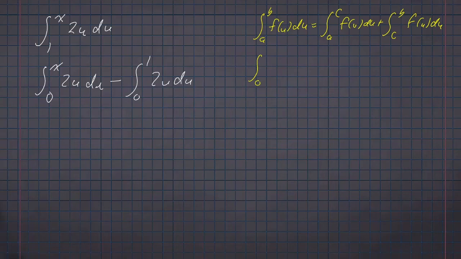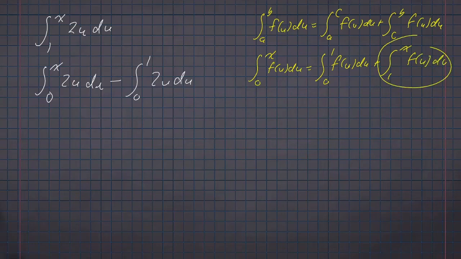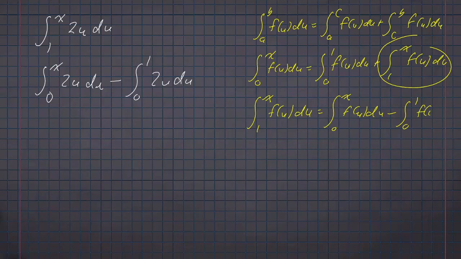And I took a to be 0, I took b to be x, and I took c to be 1. And if we solve for this guy on the right, we get that the integral from 1 to x of f of u du is equal to the integral from 0 to x of f of u du minus the integral from 0 to 1 of f of u du.